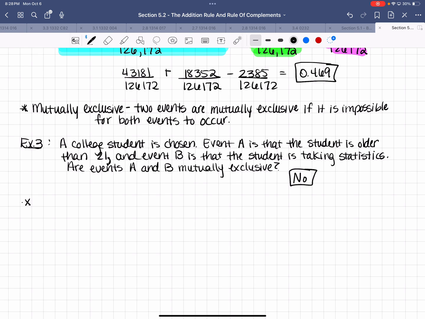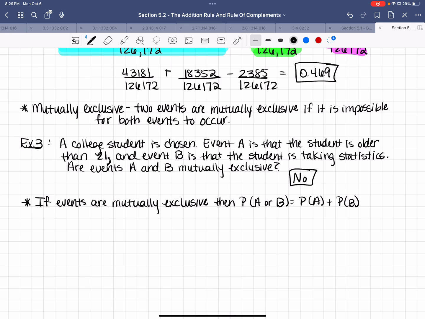If, and you guys proved this a while ago, if events are mutually exclusive, then the probability of A or B equals the probability of A plus the probability of B. Because remember a while ago when we tried to do the one that was mutually exclusive, and we did it by the general rule of addition, that we got 0 for the probability of A and B. So if they are mutually exclusive, you can just add the probabilities together.